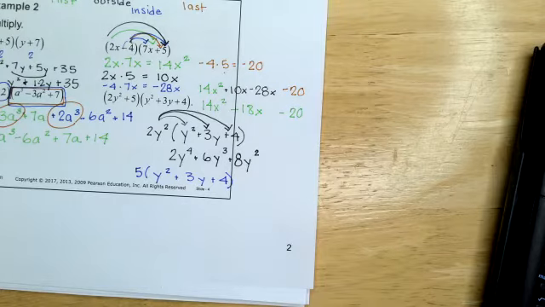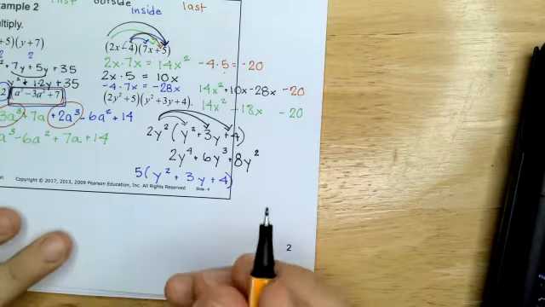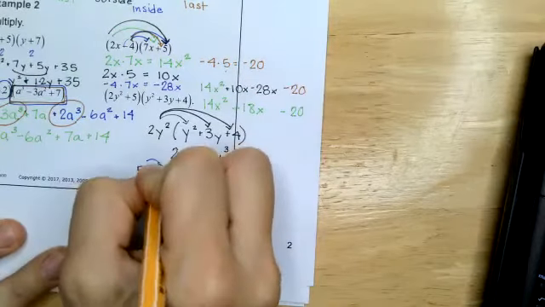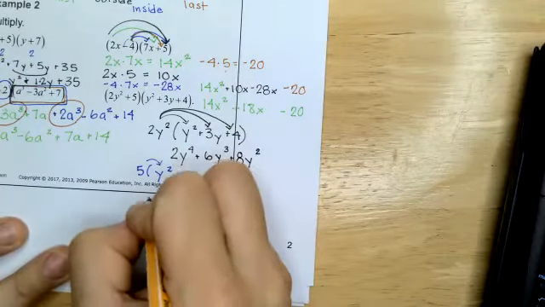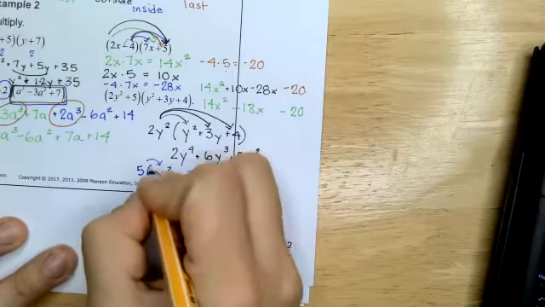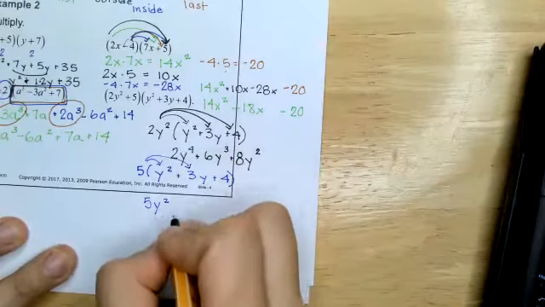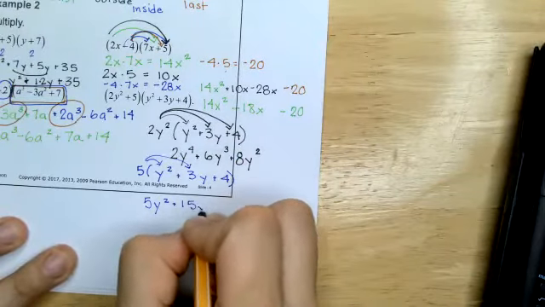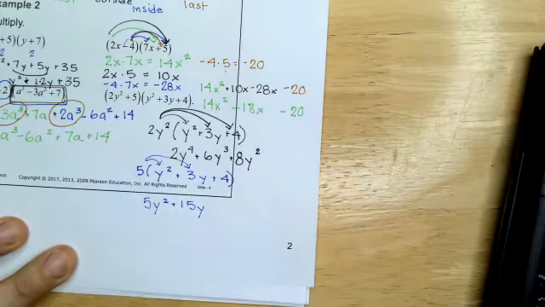And then you can combine them. Combine any like term. So 5 times y squared is 5y squared. 5 times 3y is just 15y. 5 times 3 is 15. There's one y. Y to the 4th.